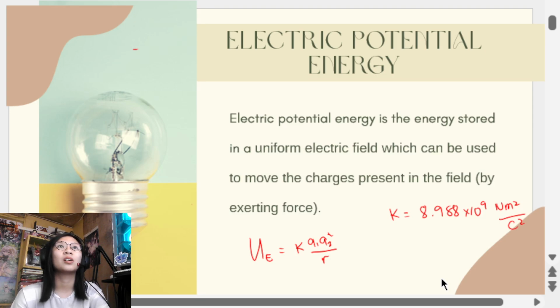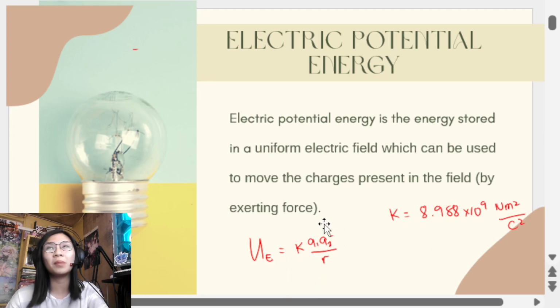So it means that r and U are inversely proportional to each other. With greater distance, you will have smaller electric potential energy. And your electric potential energy is directly proportional to your charges.